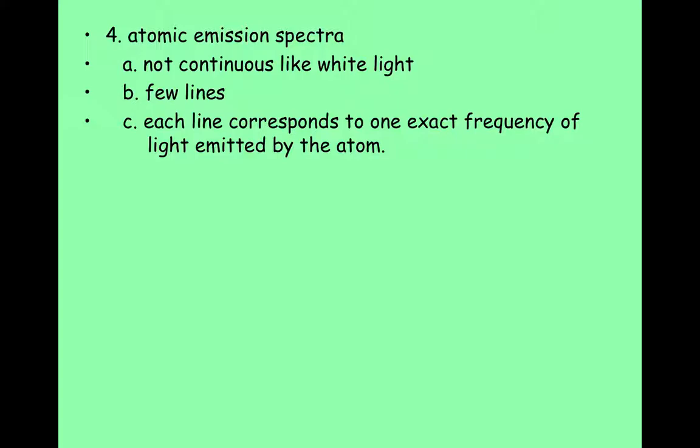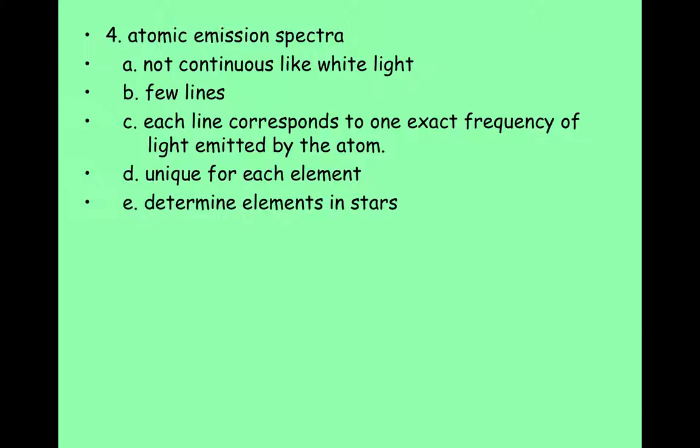And based on the energy rings and the number of electrons in an atom, each line is going to correspond to an exact frequency of light emitted by the atom. And there's usually just a few lines that are unique for each element. So we can determine what element is present when we look at the atomic emission spectra lines.